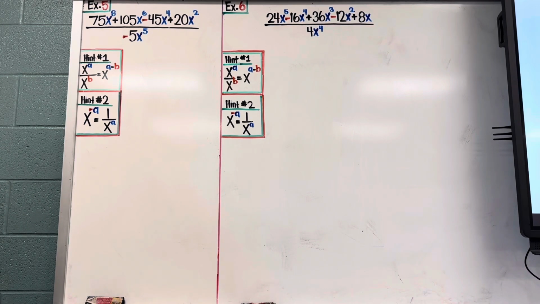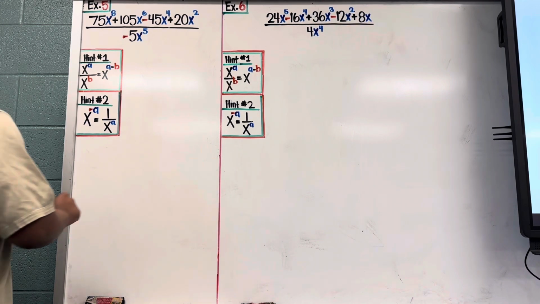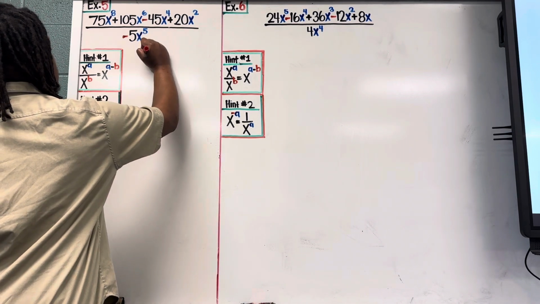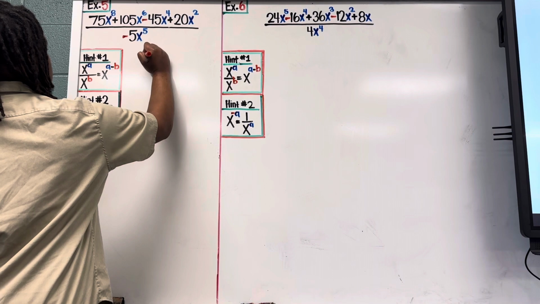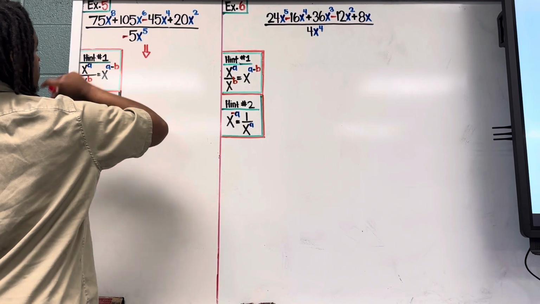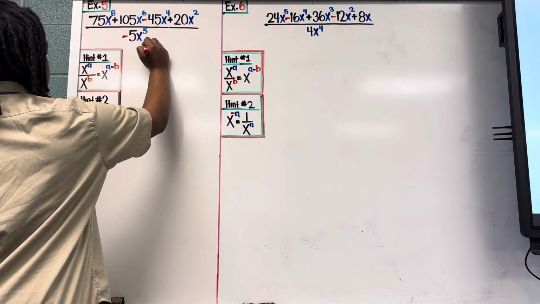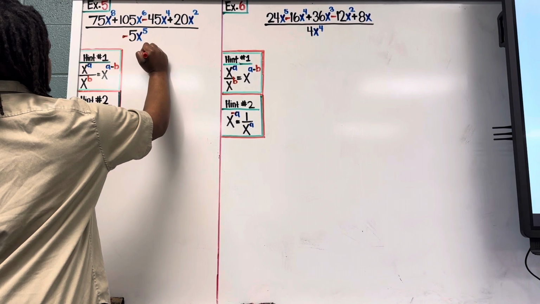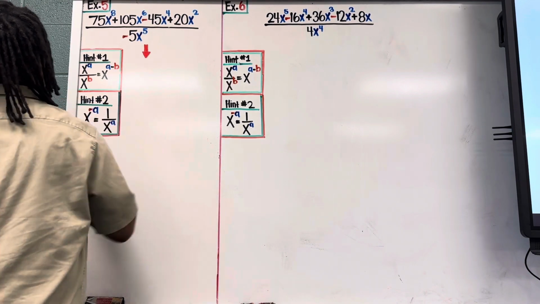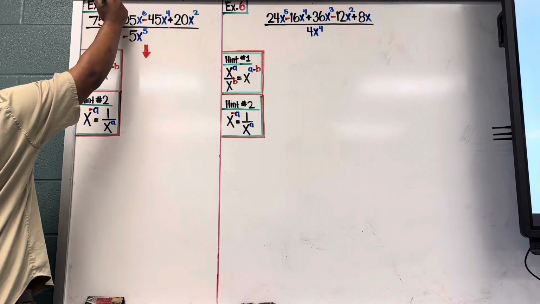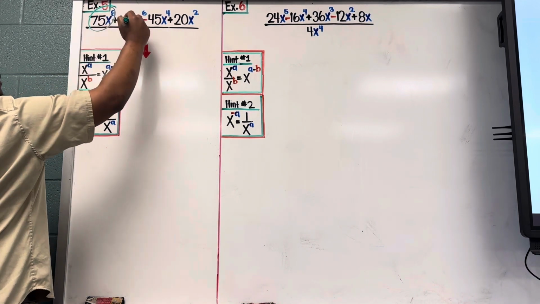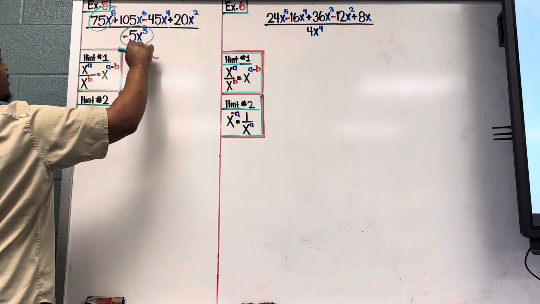So let's go ahead and start our steps. I'm going to divide the top by the monomial, which is the bottom. I have 75x to the 8th power, and I'm going to divide it by negative 5x to the 5th power.